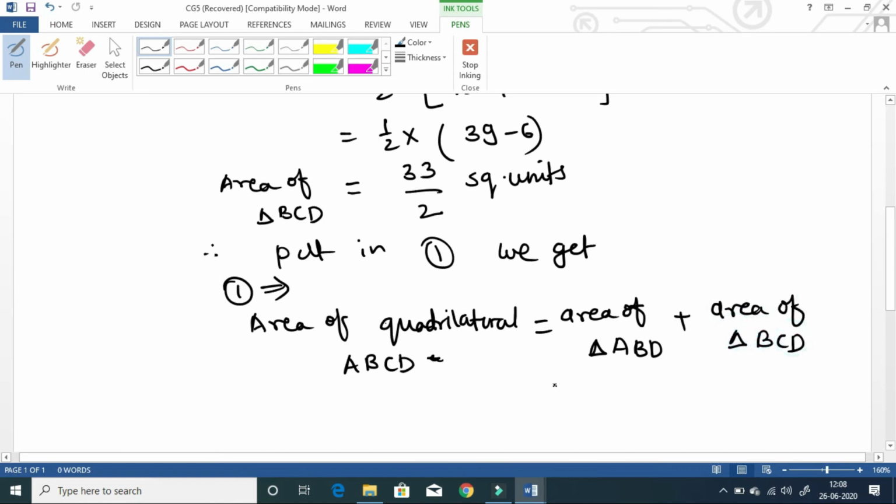This is equation 1. Now we substitute the values that we have already found out. So area of triangle ABD is 23 by 2 plus area of triangle BCD is 33 by 2.